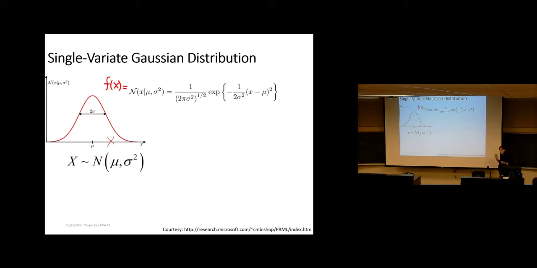So this is a probability density function, right? It's really trying to show you how the data, how the X, is distributed. And when there's a peak at the mean position, it essentially tells you what? If I'm sampling data from this Gaussian distribution, the majority of the samples will be located close to the mean. That's exactly what this distribution function is trying to tell you.